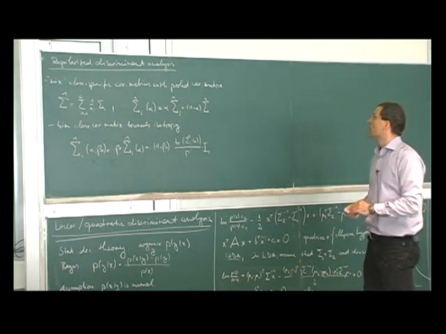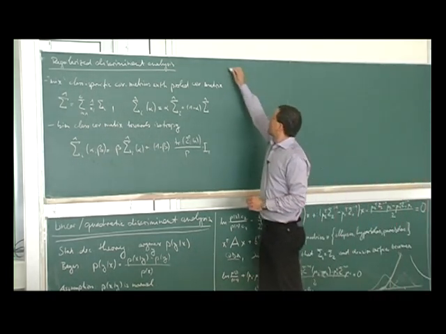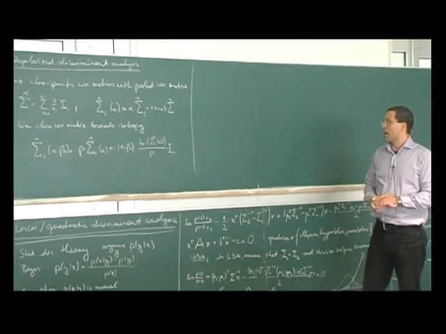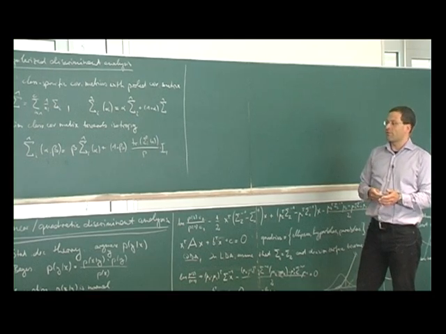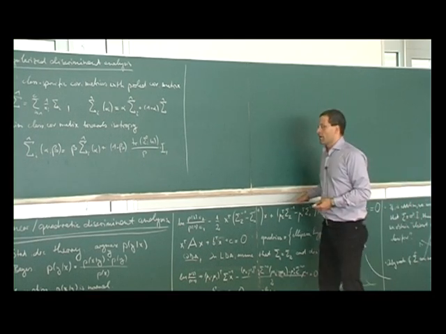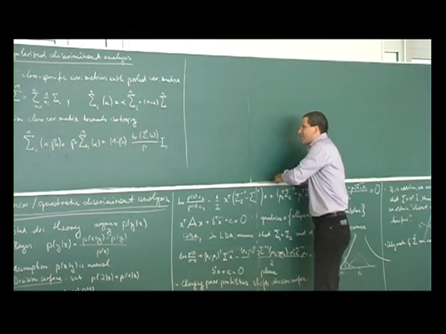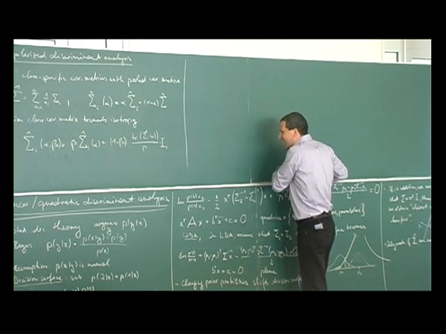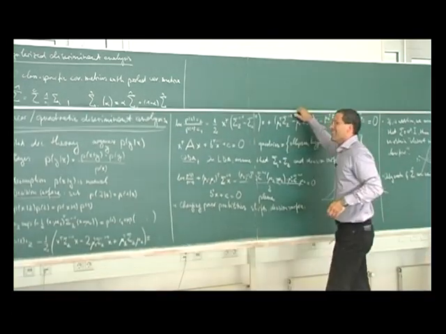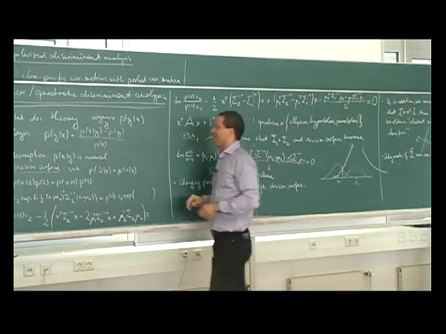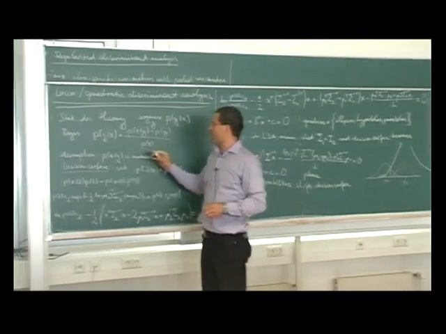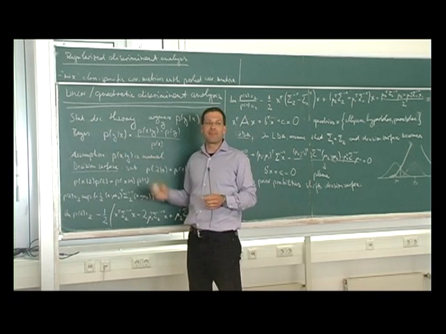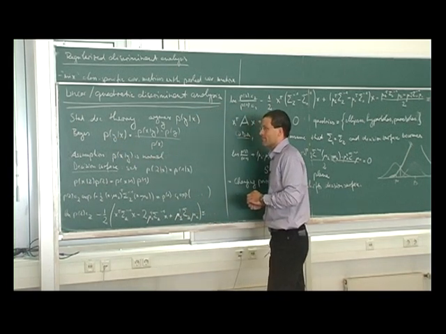Okay, so overall, we have now found a method that is very different from k-nearest neighbors. K-nearest neighbor estimates or can be seen as estimating the posterior directly.